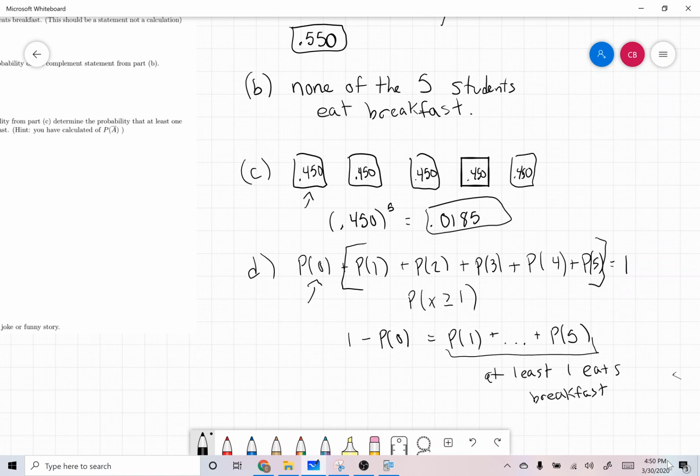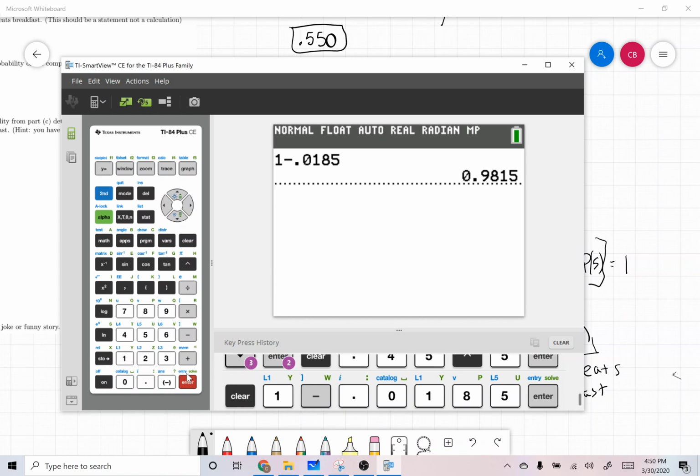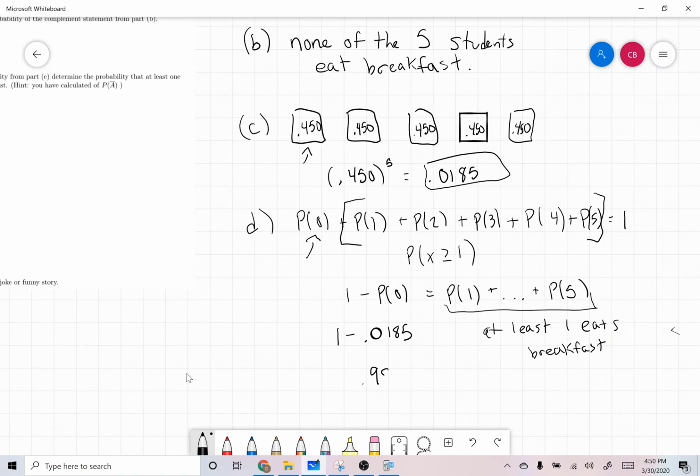And so therefore 1 minus 0.0185 is 0.9815. Not percent, sorry, 0.9815. So that's a 98.15% chance that at least one of them eats breakfast.